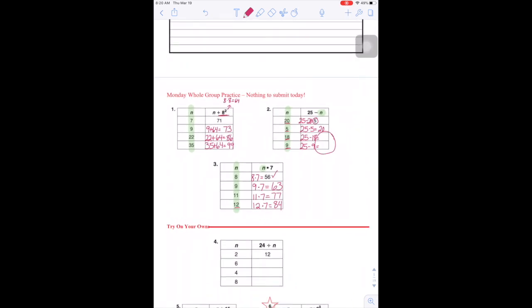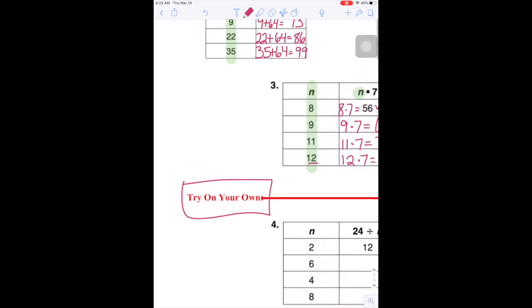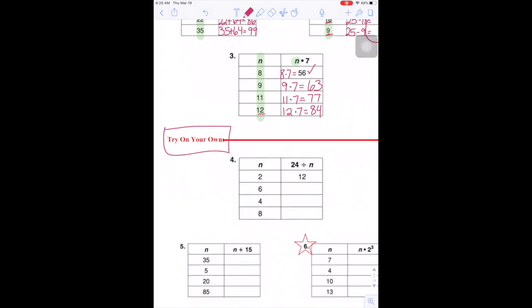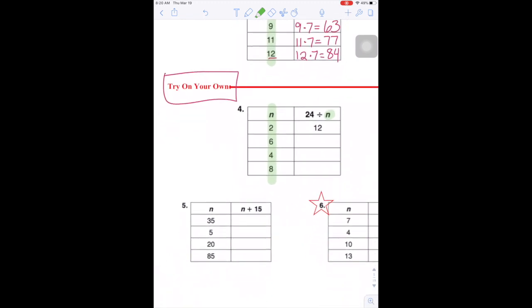All right, so I'm going to challenge you to try the bottom section on your own. Use what we worked on already as examples. Make sure that in place of n, you put whatever number they give you. So again, in place of n, whatever number they gave you.